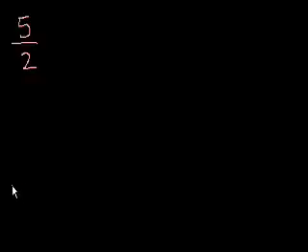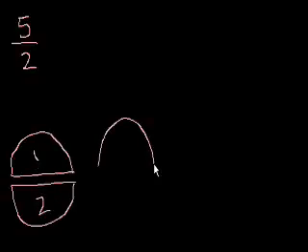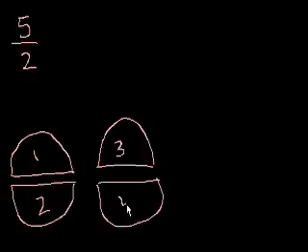So let's say I have 1/2 of pizza here. And let's say I have another half of pizza here. I just flipped it over. And then, so that's 2. So it's 1/2, 2/2. So that's 3 halves. And then I have a 4th half here, right? These are halves of pizza. And then I have a 5th half here, right?